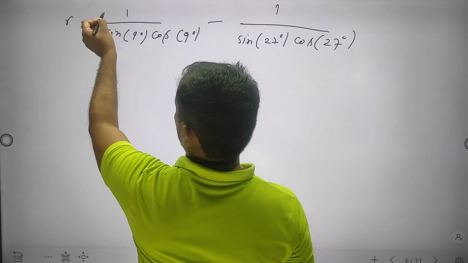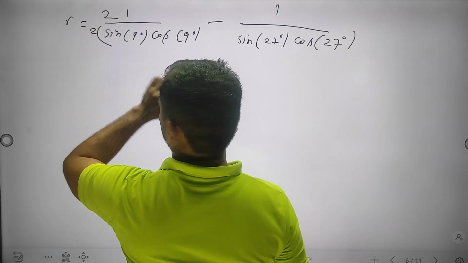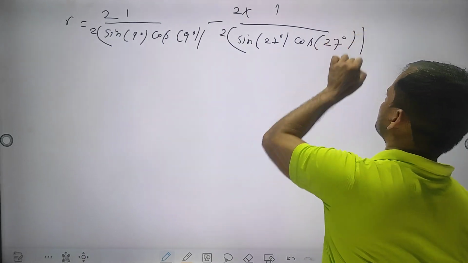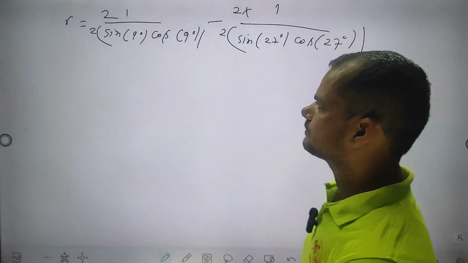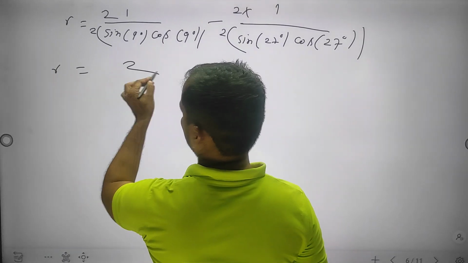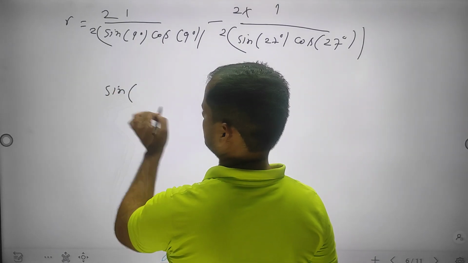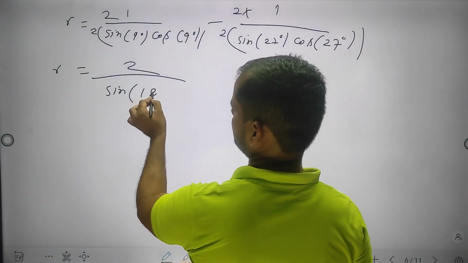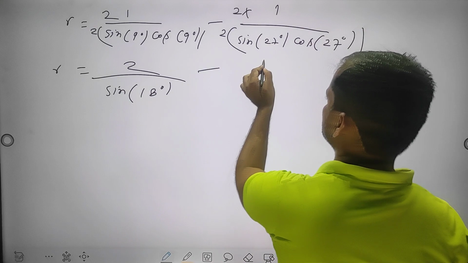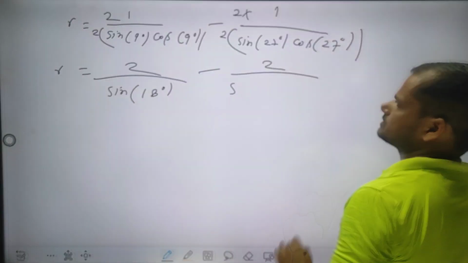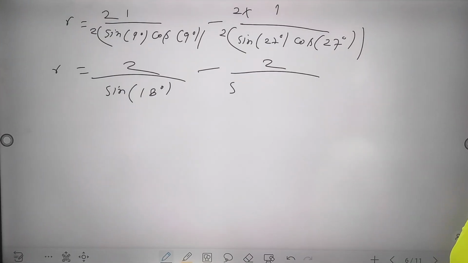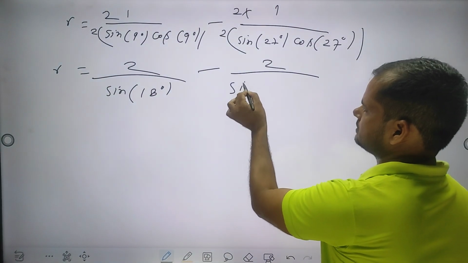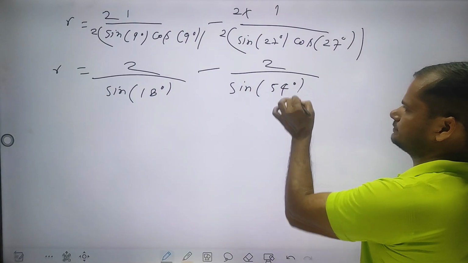By multiplying 2 in both numerator and denominator, r equals 2 upon 2 sin theta cos theta, which is sin 2 theta, so sin 18 degree, minus 2 upon 2 sin 27 degree cos 27 degree, which is sin 2 into 27, sin 54 degree.